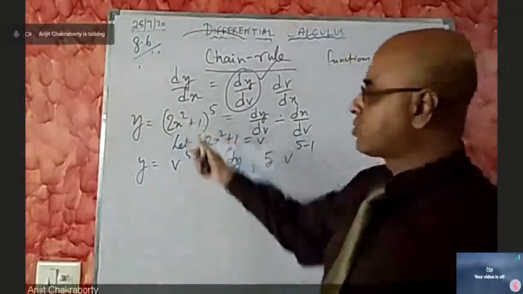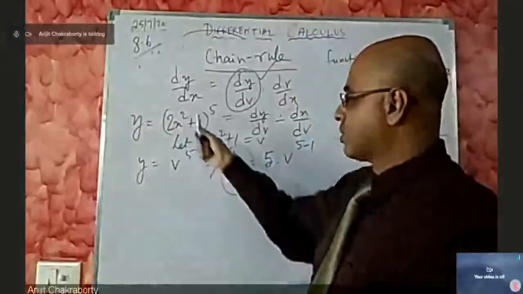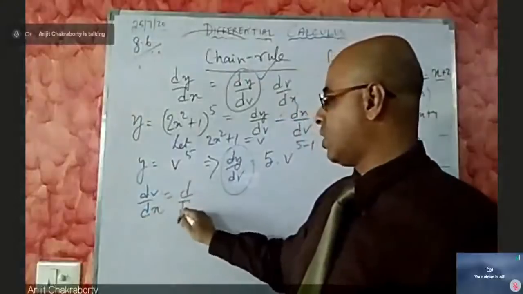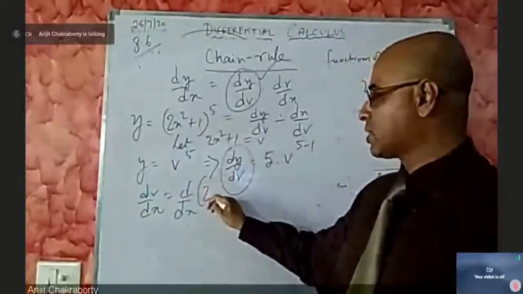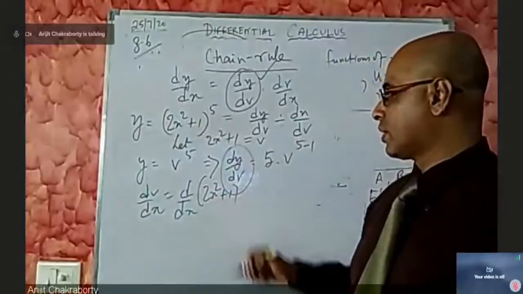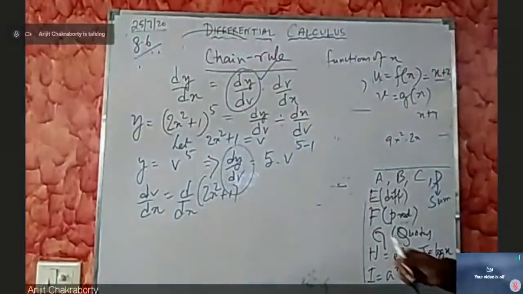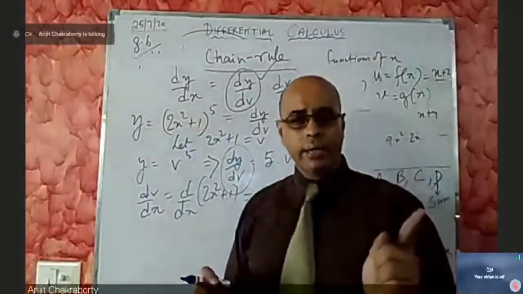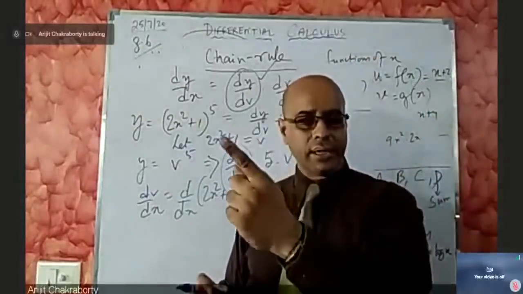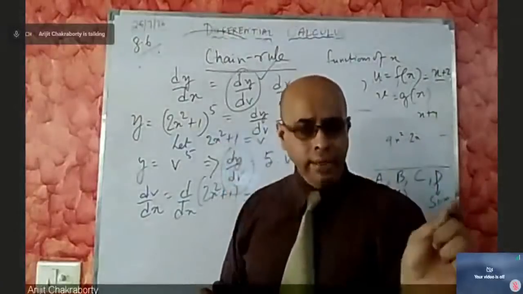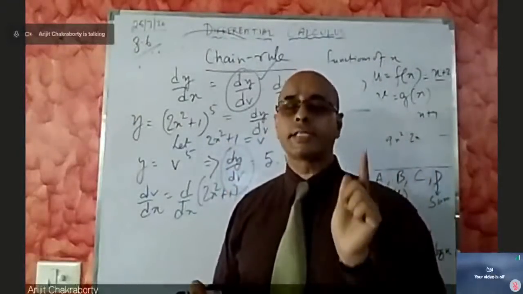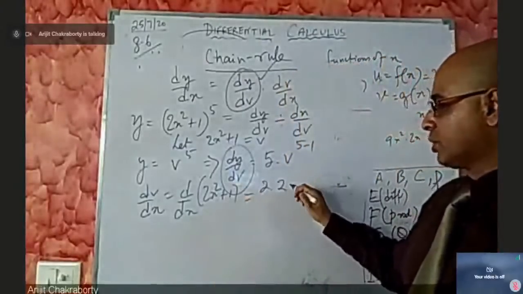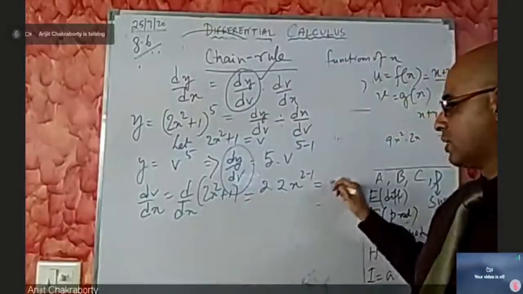So 2x square plus 1 is v. So dv by dx is d/dx of 2x square plus 1. This will give you d/dx of 2x square, a into x to the power n, the formula we have noted is n a x to the power n minus 1. So this will become 2 into 2 into x to the power 2 minus 1, that is 4x.